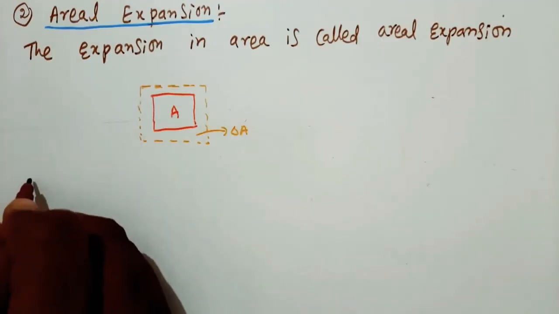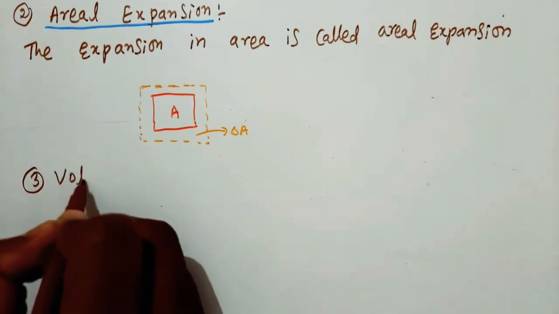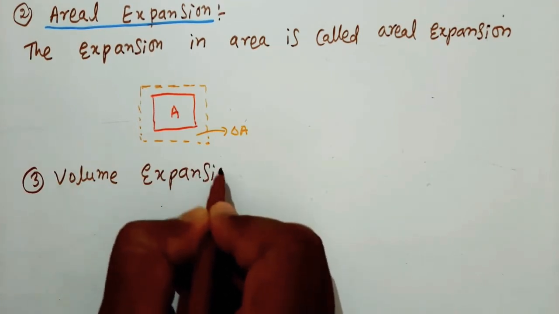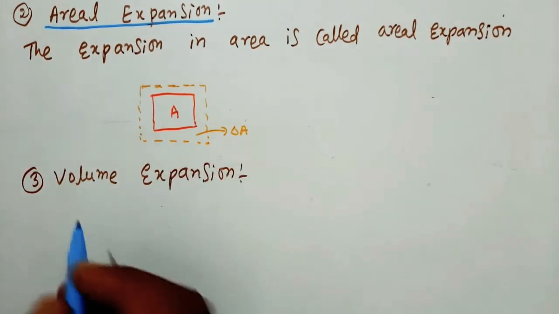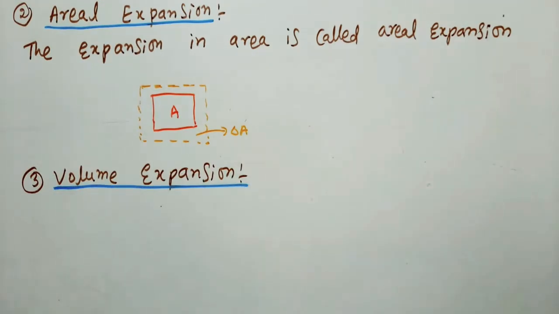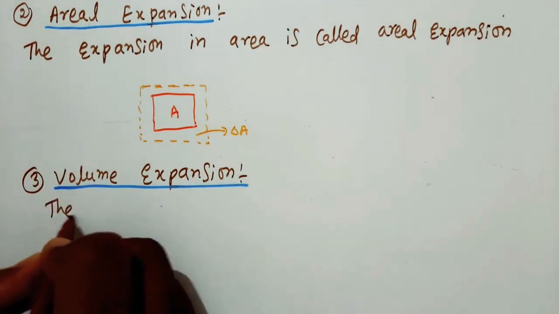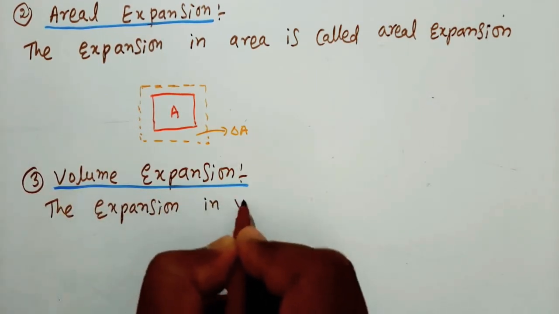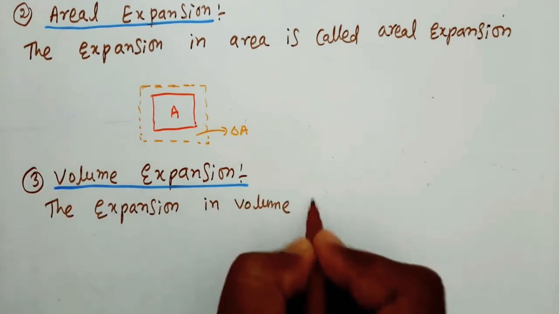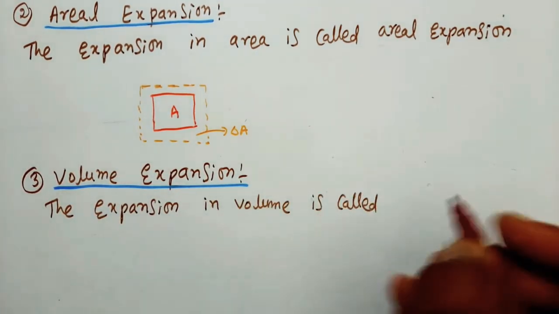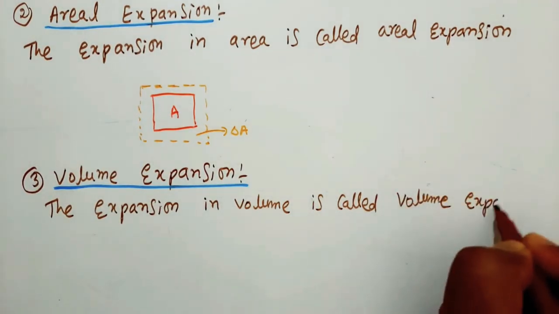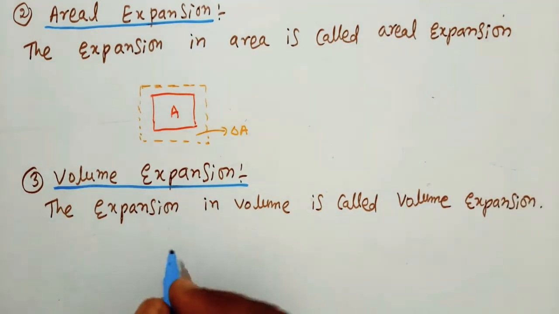Next, third one is volume expansion. The expansion in volume is called volume expansion. Here I am taking a cube of metal.